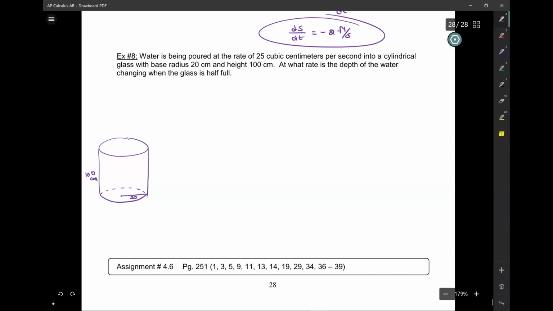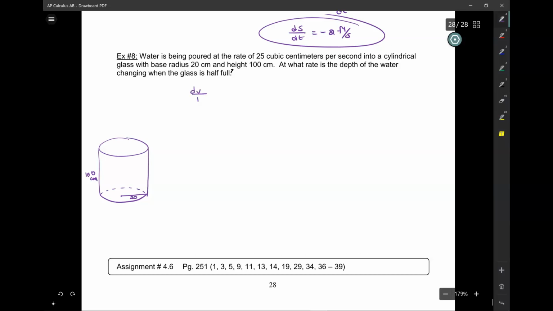At what rate is the depth of water changing when the glass is half full? This is a question mark. But do you see how calculus people are optimistic? Yeah, glass is half full, right? There you have it. Water is being poured in at a rate of 25 cubic centimeters per second.